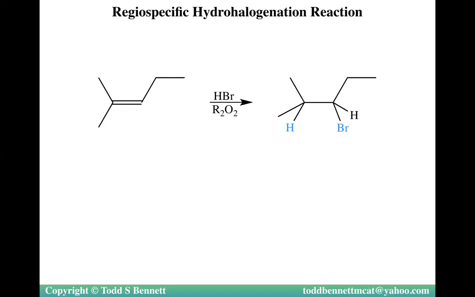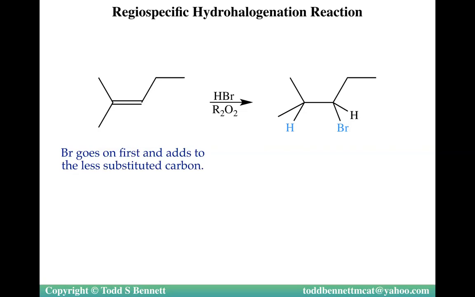And so the question is, does the first one going on choosing the less crowded site, is that what broke down and that the first one on actually chose more crowded? Or is this a change in mechanism such that the first one on is no longer H, but in fact Br? And the reality is it's the second one, which is why it's so important to know mechanisms, because the first one you add always goes on to the less crowded carbon.